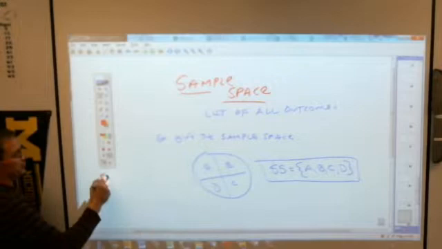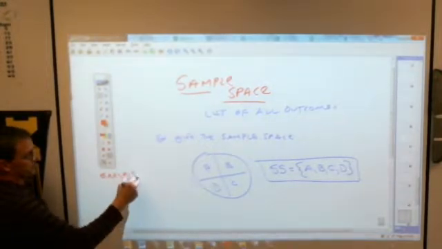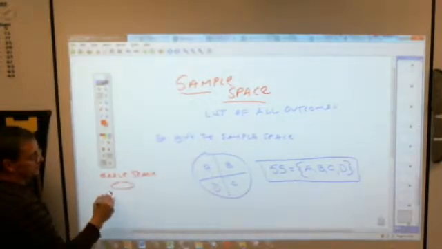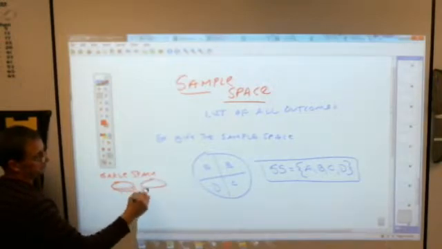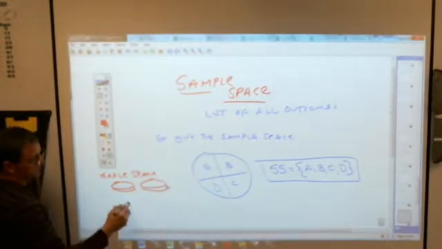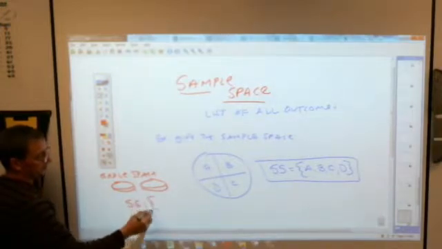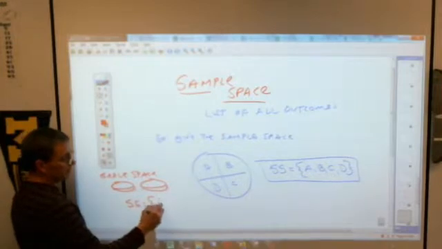What is my sample space if I were flipping two coins? Well, this would be your sample space. You could get two heads.